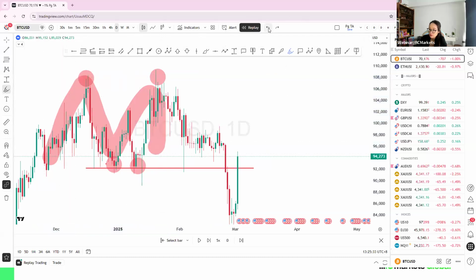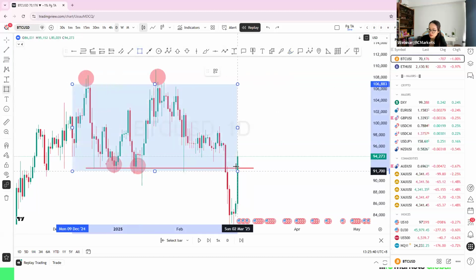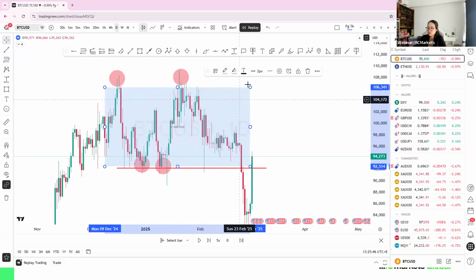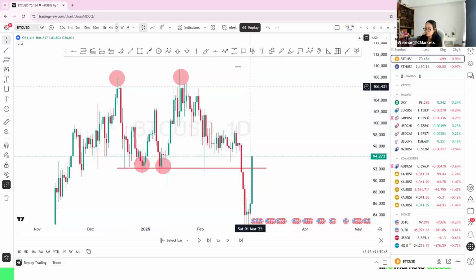So what am I going to do? Whenever you see that, it means they are sideways, right? Whenever you see buy and sell signals here, you know that they are sideways, ranging.